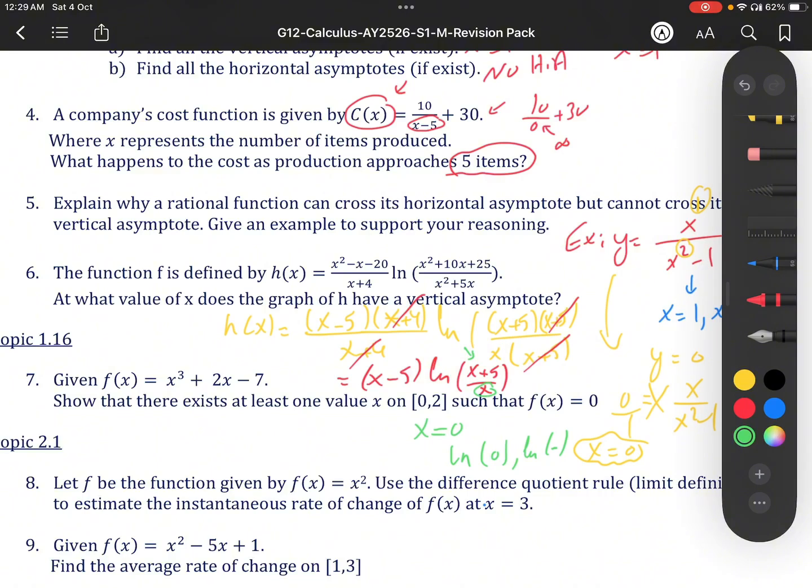So if you replace x by -5, it will be ln of -5 plus 5, 0 over -5, which is not allowed. So the vertical asymptote x equal to 0 and x equal -5.